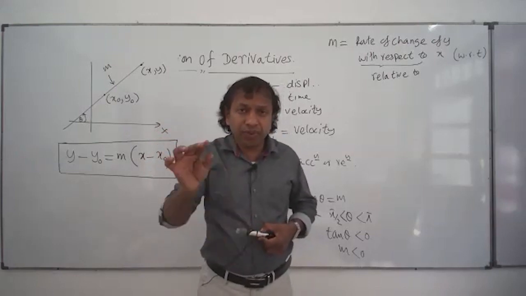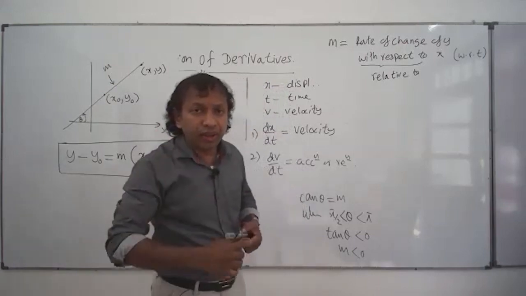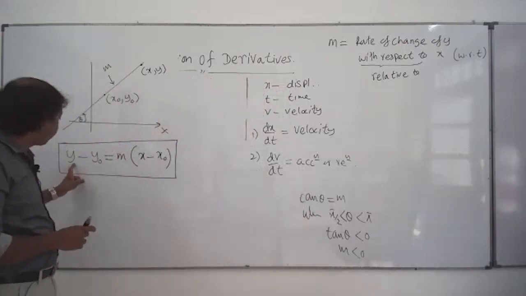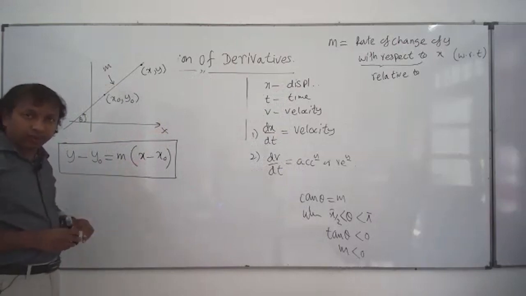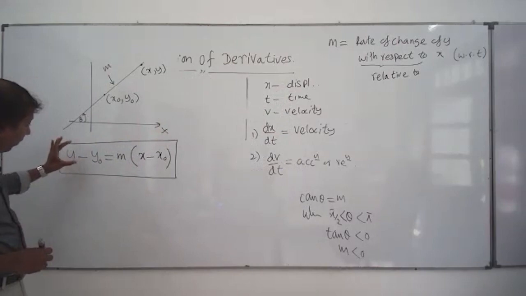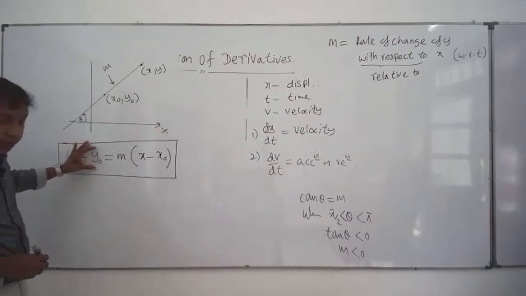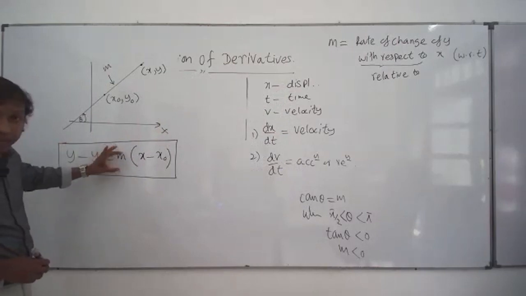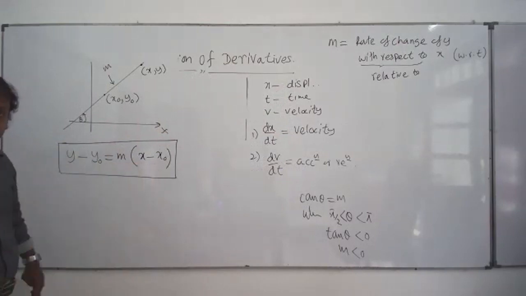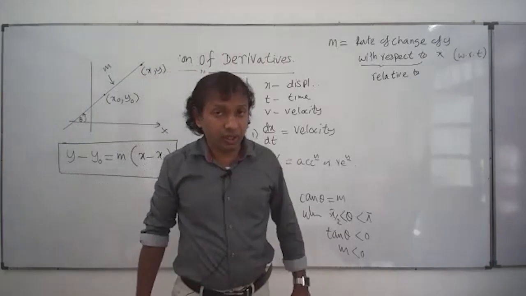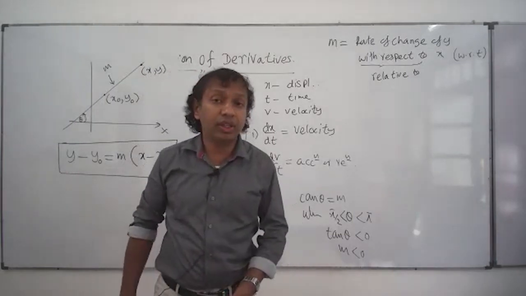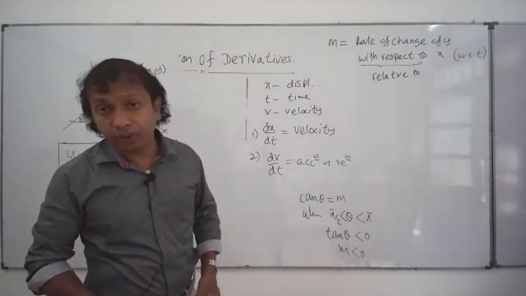So that x and y only we have here. Therefore, y minus the y coordinate of the given point equals gradient times x minus the x coordinate of the given point is the way of writing the equation of the straight line when we are given the gradient of a line and a point on the line.